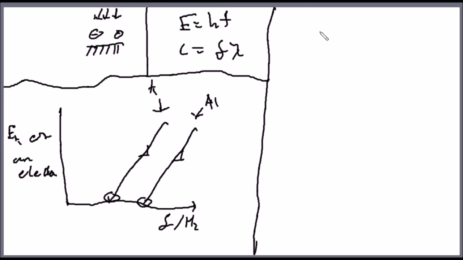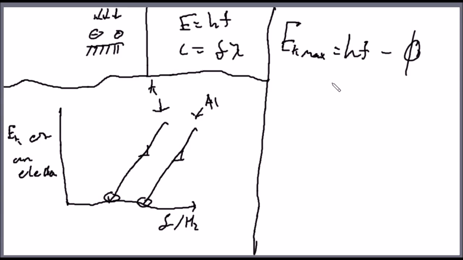So the maximum kinetic energy of an electron can be shown by the energy of a photon minus what is known as the work function, or the minimum energy required for a photoelectron to escape.